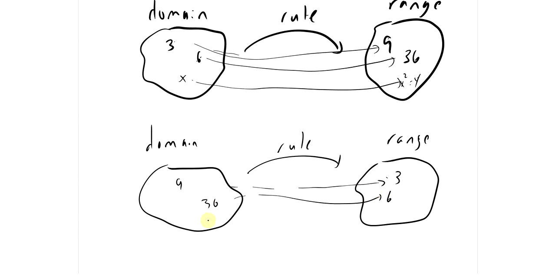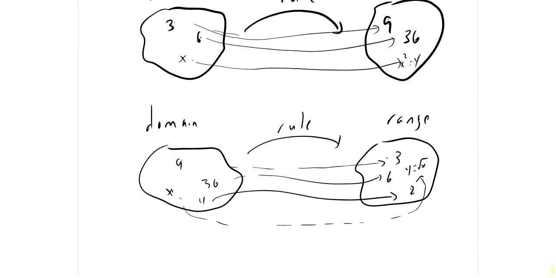And you can imagine what would happen if you gave it the number 4. It would give you back the number 2. What rule are we talking about? Well, if you give a number x, it would give you the number y equals square root of x, right? So if you give the rule 9, the rule says 3. If you give the rule 36, the rule says 6. If you give the rule 4, the rule says 2. What does the rule do? It takes any number you give it, say x, and it gives you back square root of x.